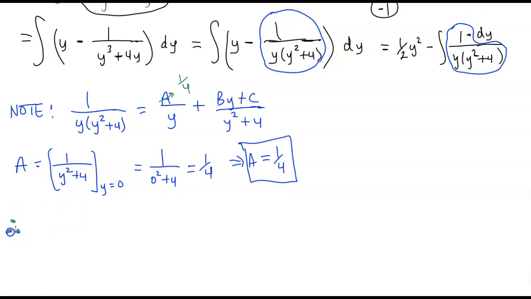We have 1 divided by y times (y squared plus 4), and then we subtract that 1/4 divided by y, and all of that is going to be equal to (By plus C), all divided by (y squared plus 4).